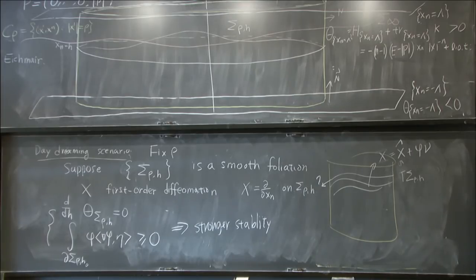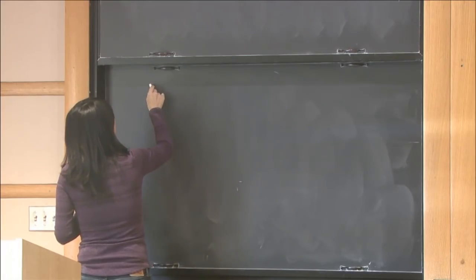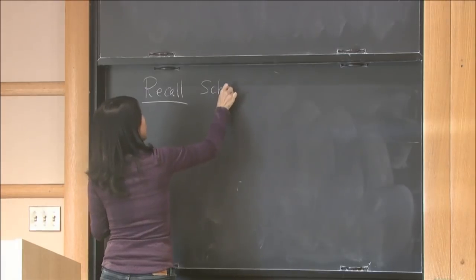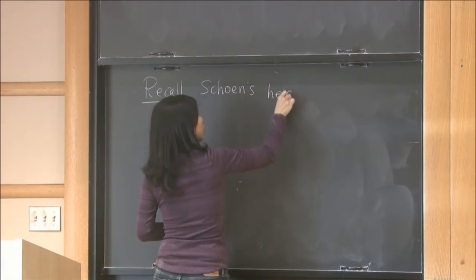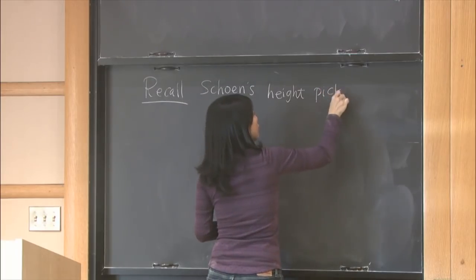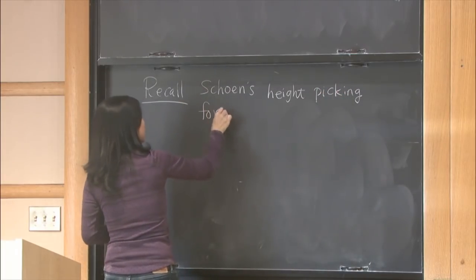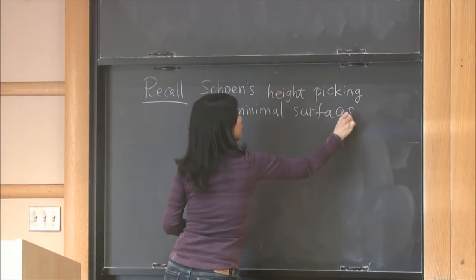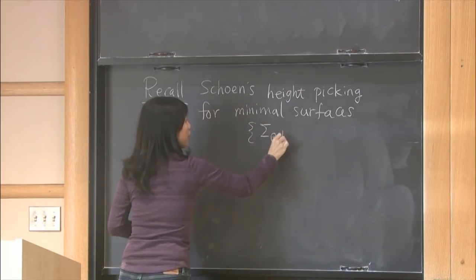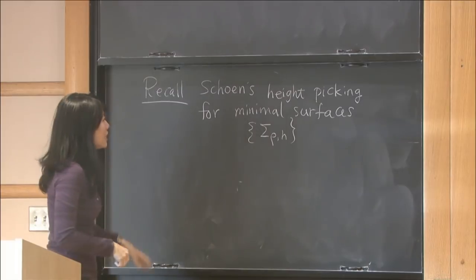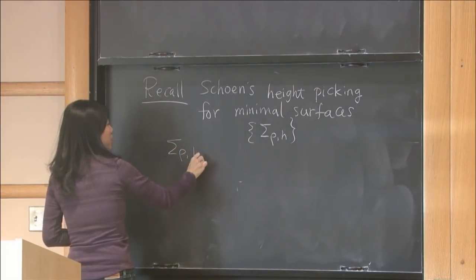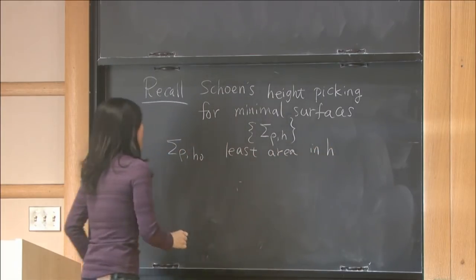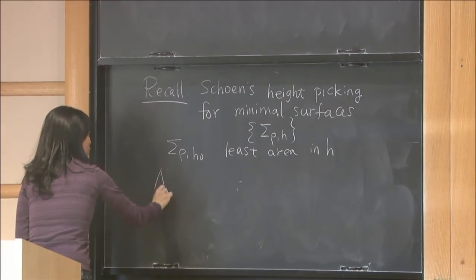So now suppose we are doing the thing for a foliation given by minimal surfaces. And then sigma rho of H0 is the one of this area in H. So we can compute the deformation of the area.